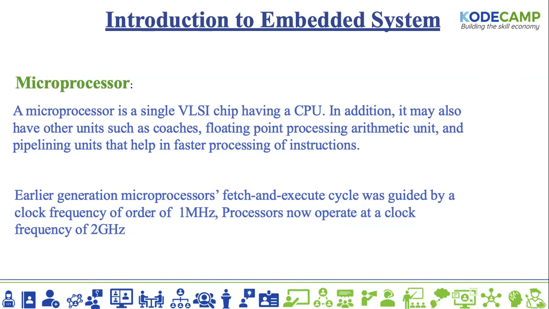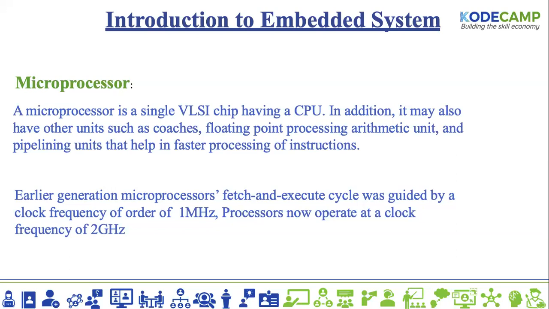that's a central processing unit. In addition to this, it may also have other units, such as the floating point arithmetic unit, which helps in some addition and some subtraction. And then it also has a pipeline unit, which can also be known as the port.